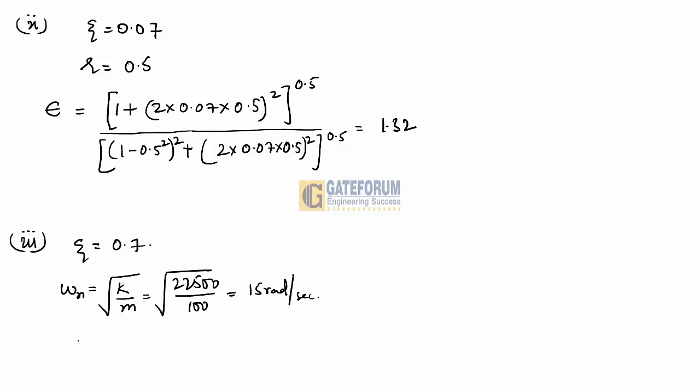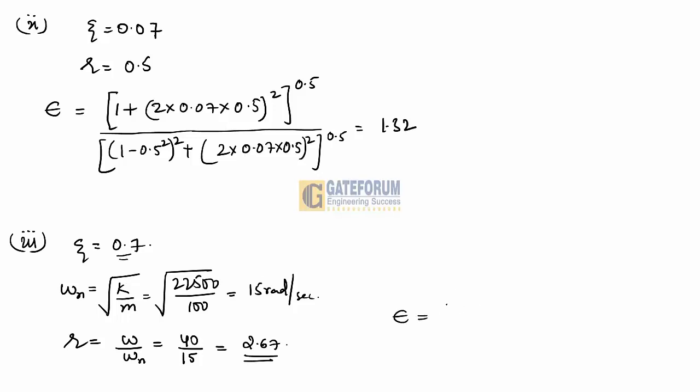So R is equal to omega by omega n, the excitation frequency 40 by 15, that is equal to 2.67. So with these values, r equal to 2.67 and zeta equal to 0.7.